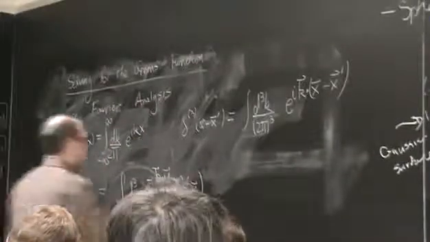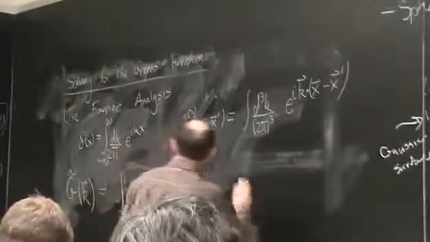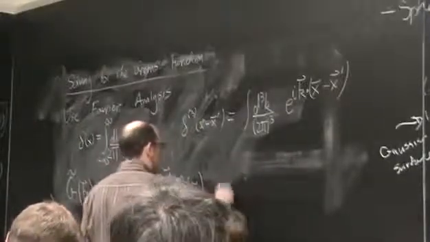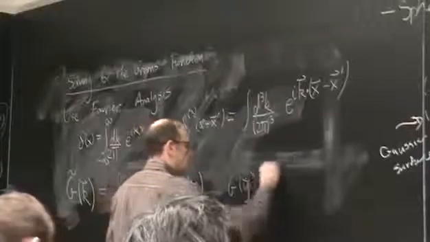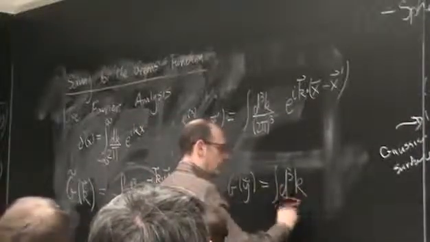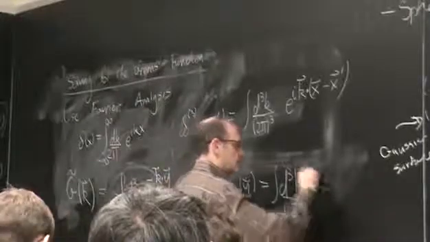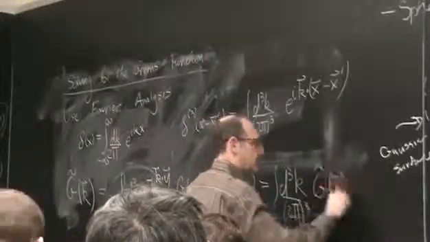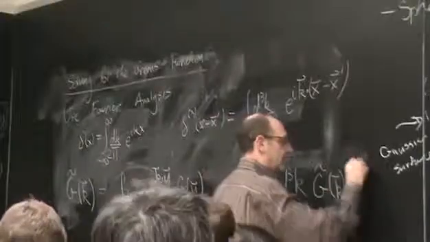So G of y is the integral d cubed k over (2 pi) cubed of G tilde of k, e to the i k dot y.